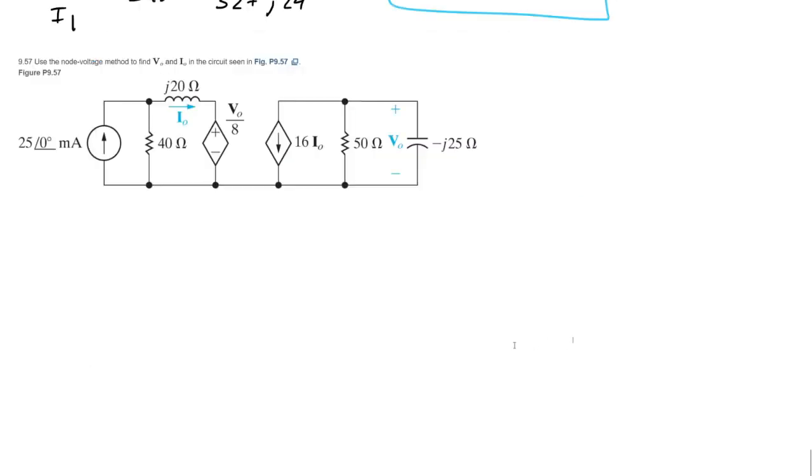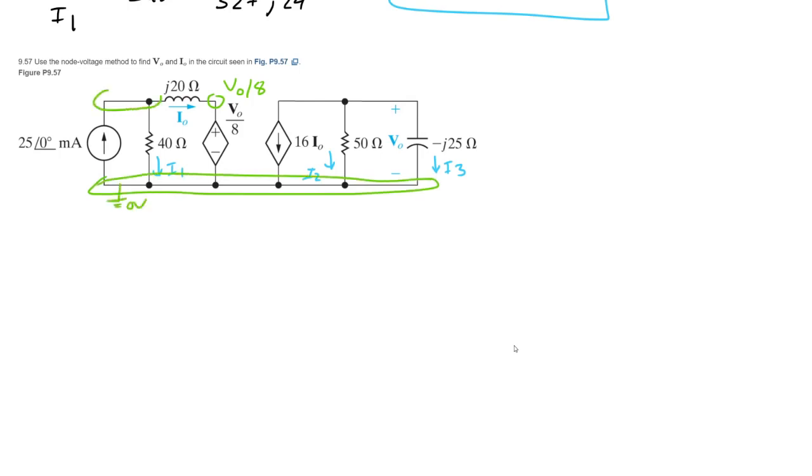Alright, this problem says to use node voltage, but we're going to use the universal method. I1, I'll call this I2, and I'll call this I3. We know that this is going to be VO over 8. If I make this ground, which I will, so we need an unknown voltage here. I'll call this V1.